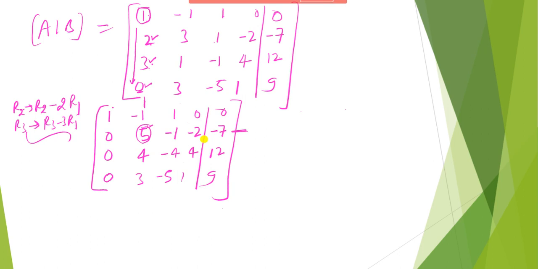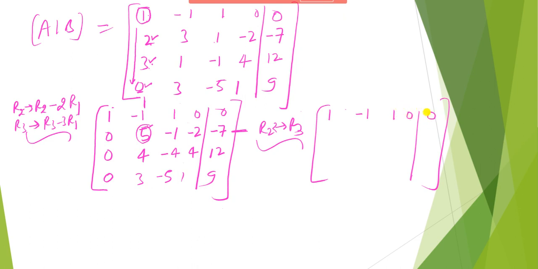So here I interchange the second and third rows, that is R2 with R3, and then we obtain the reduced augmented matrix as 1, minus 1, 1, 0, 0; 0, 4, minus 4, 4, 12; 0, 5, minus 1, minus 2, minus 7; 0, 3, minus 5, 1, 9.